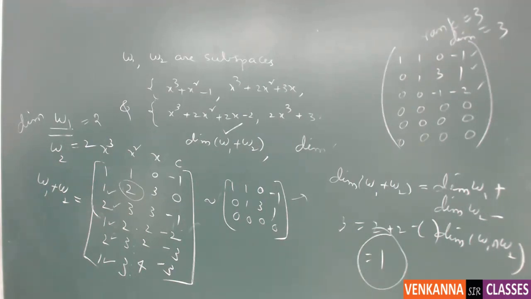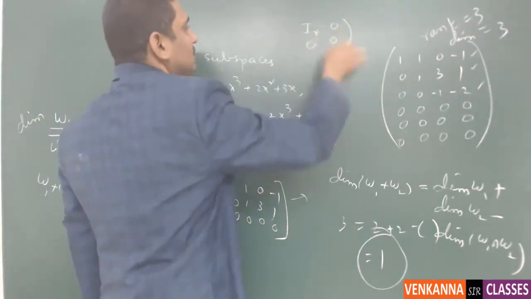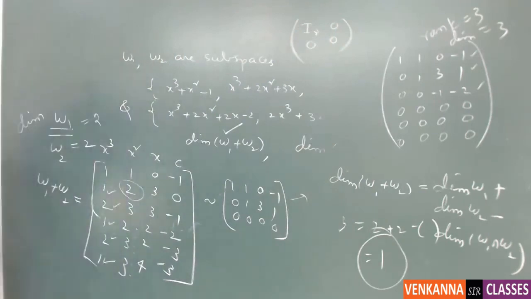So in normal form, if you interchange rows, I am not getting the lower triangular matrix on the right hand side. So you are calling the form of I_r 0 0, right? Am I correct? Yeah.